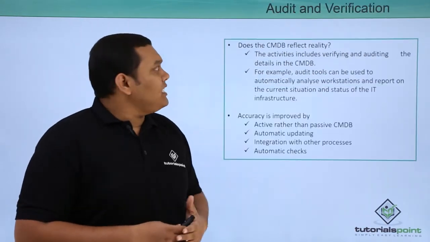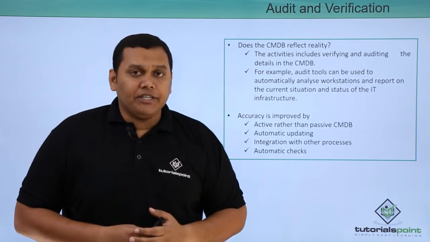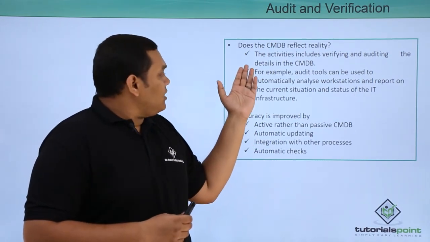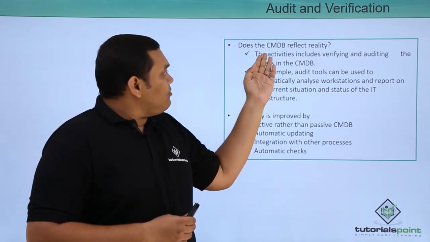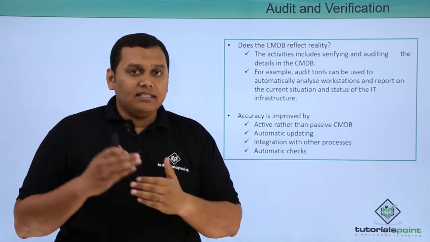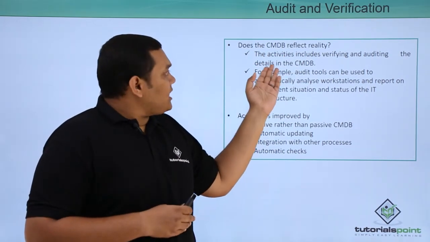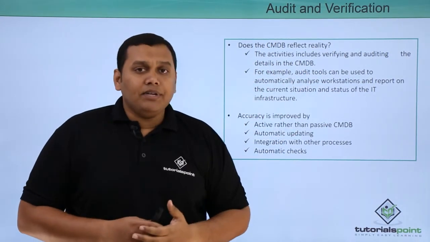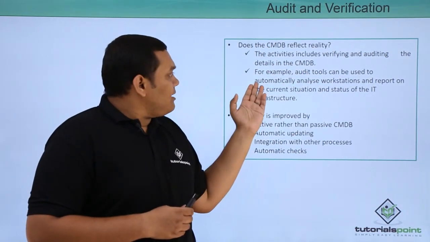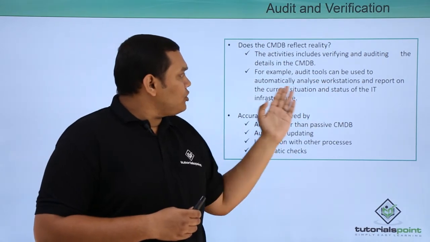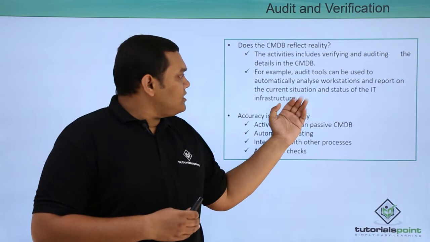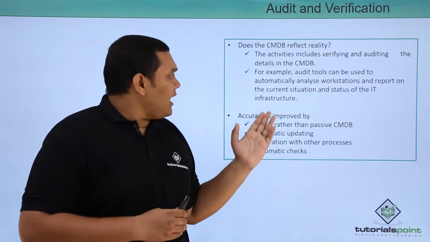The next activity is audit and verification. What comes under audit and what comes under verification? Under audit you can see, does the CMDB reflect reality? This is audited by activities including verifying and auditing the details in the CMDB database. For example, audit tools can be used to automatically analyze workstations and report on the current situation and statuses of the IT infrastructure.